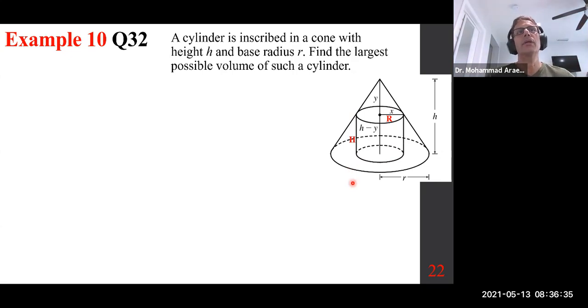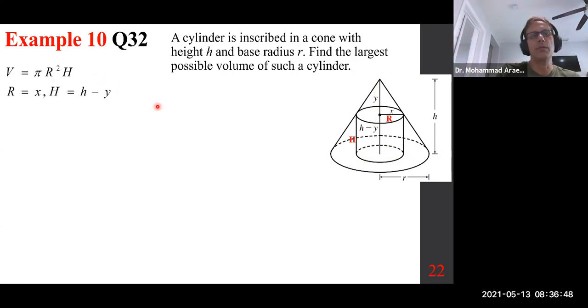Remember, the volume for a cylindrical shape is the area of the base, pi r squared, times h. So the volume is pi r squared times h, where the radius is represented by x, and the capital H, if we call this distance y, everybody.